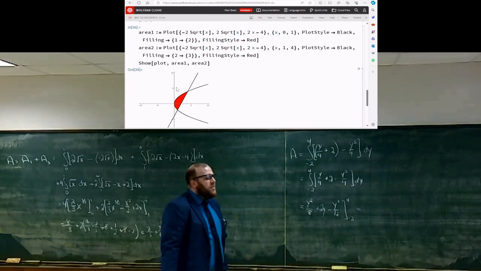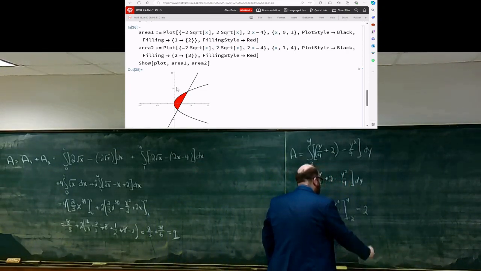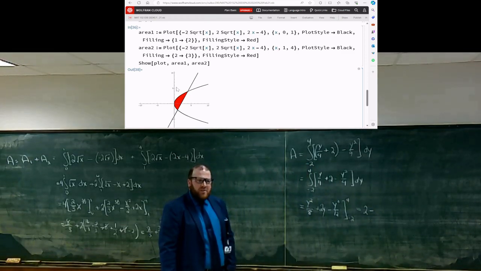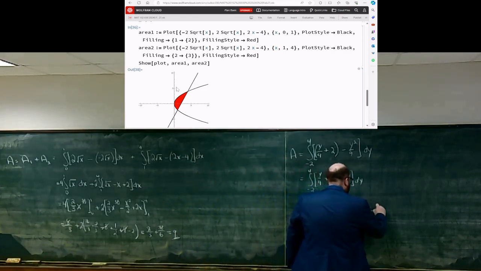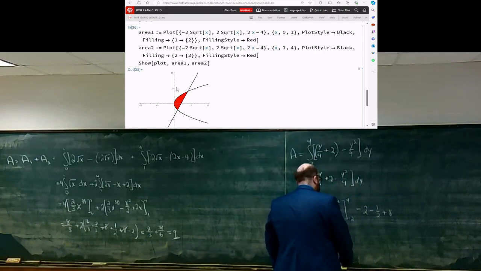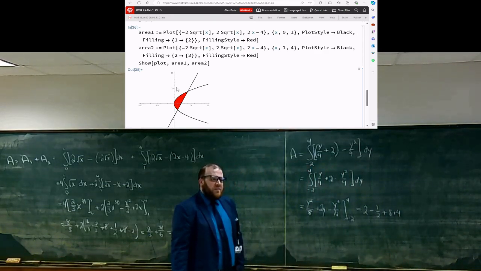4 squared, 16 over 8 is 2. Minus, negative 2 squared is 4 over 8, a half. Plus 2 times 4 is 8. Minus 2 times negative 2, positive 4.